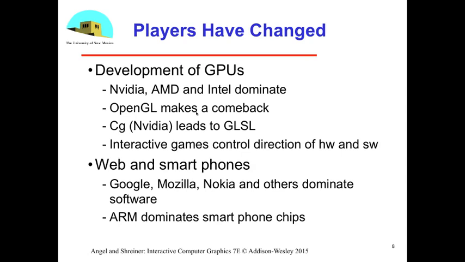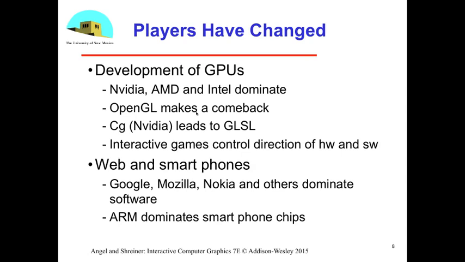So now, if you look at the standards committees and where they're going and who the players are, you find that Google and Mozilla and Nokia and other companies are all dominating what's going on in software.